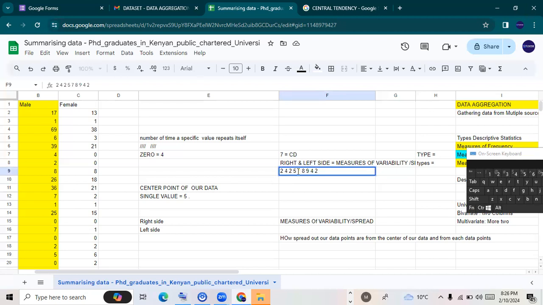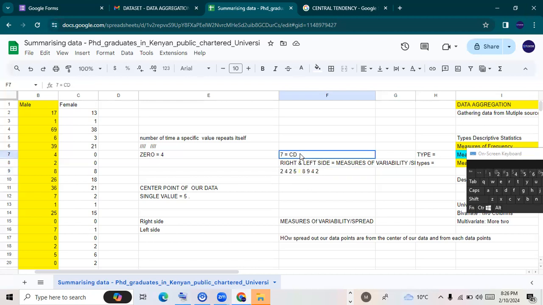But from 7 to 8, just 1. From 7 to 9, 2. From 7 to 4, 3. And from 7 to 2, 5. The question is, how are these data points spread from each other and from the central tendency?